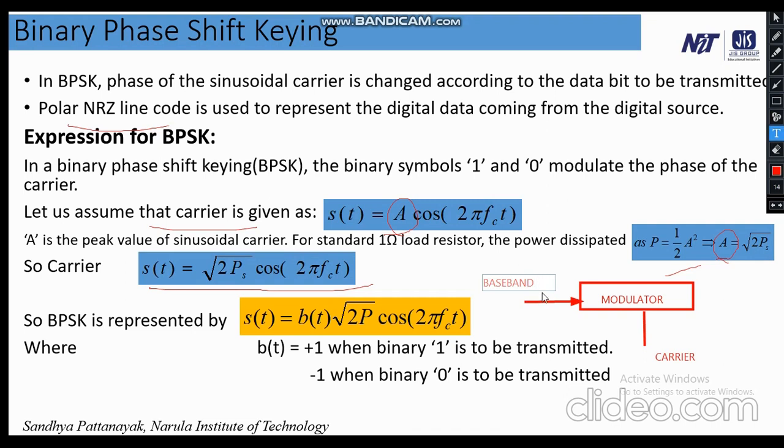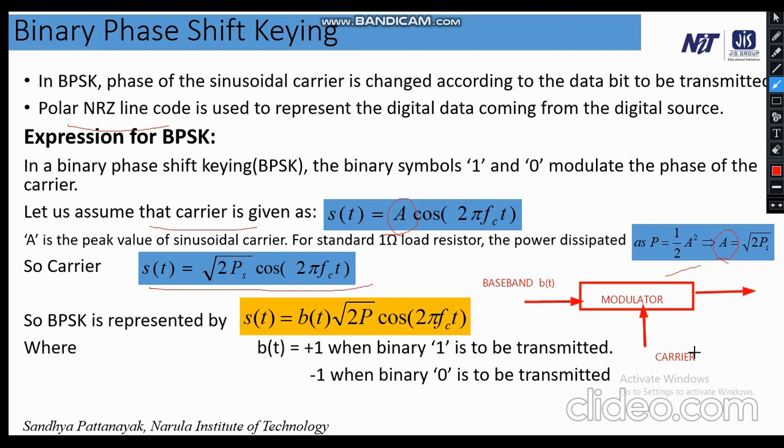The baseband signal over here is the data which is represented in polar non-return to zero format. Here we are applying the baseband signal and the carrier signal to the modulator section. The output of this is a BPSK waveform.